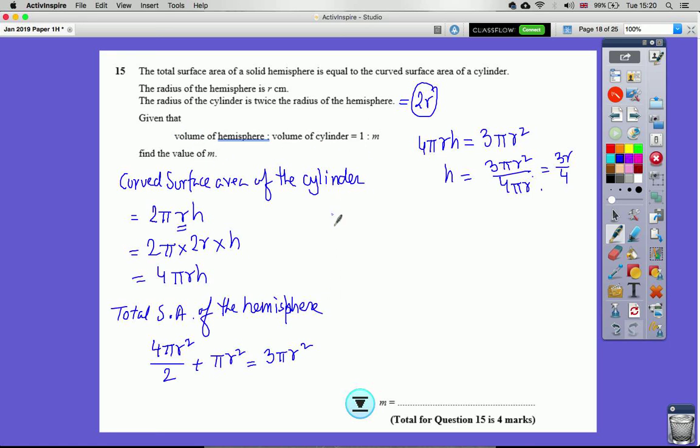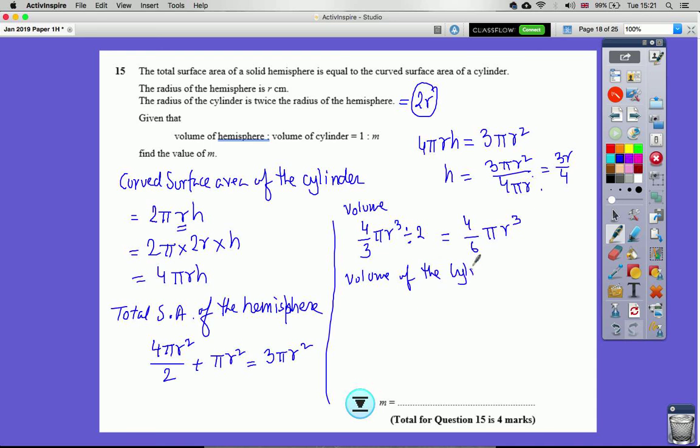So let's see what the volume of the hemisphere is. Volume of a hemisphere is 4/3 pi r cubed divided by 2. It is going to give you 4 over 6 pi r cubed. This is for the hemisphere. Now the volume of the cylinder is going to be pi r squared h.